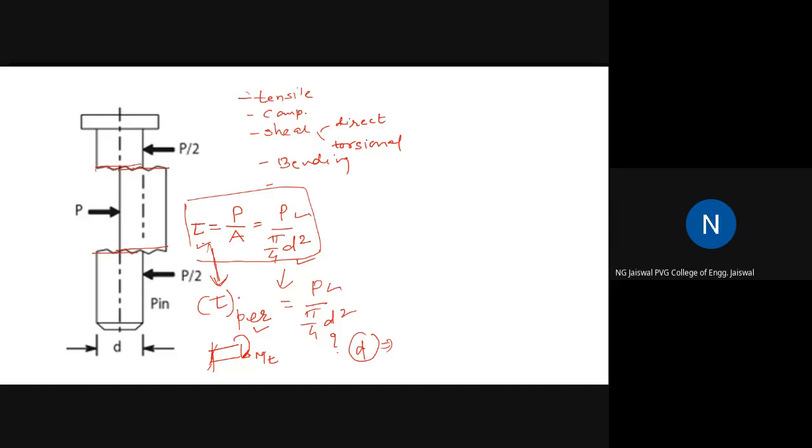So this becomes known, and in the equation only d is unknown. We can find out the value of d. Once we find d, I can say that I have designed the pin. What is the consideration of design? I have designed the pin in such a way that it will not fail under direct shear stress, because the stresses induced will be up to the permissible limit, not beyond that limit. This is the whole design method.